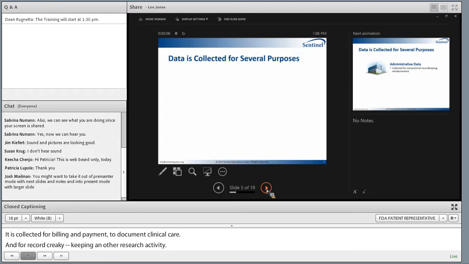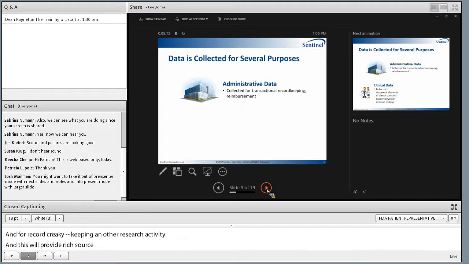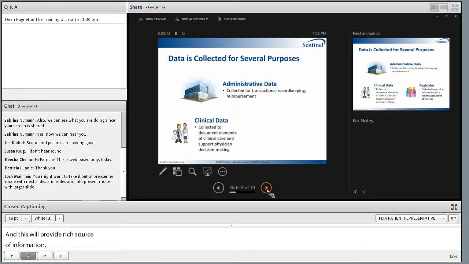So as I said, data is collected for several purposes. There's administrative data. Every time you go to the physician or the clinic and you receive a procedure or you get a flu shot, these data are collected and coded for reimbursement purposes, and these are the data that Sentinel uses.